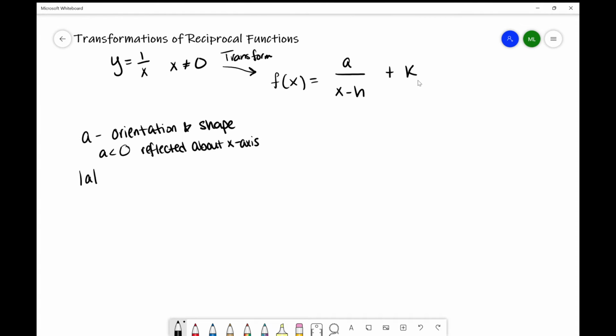Okay, so now let's talk about the shape. What happens to the shape? So take the absolute value of a. If it's greater than 1, meaning maybe 1.5, 2, 2.5, 2.77, or 101.77, and you keep going on, anything bigger than 1, then we have a vertical stretch.